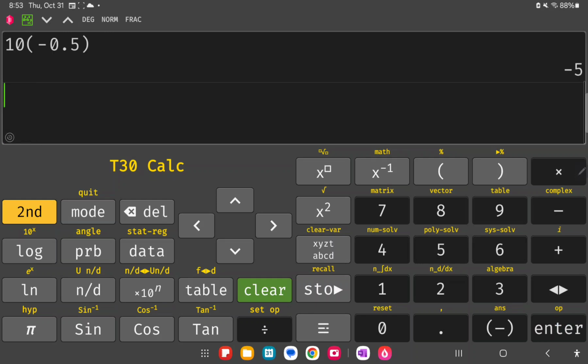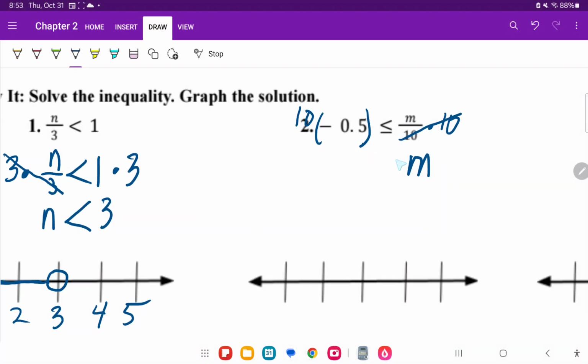And you got negative 5? Good job. Way to go. So we bring down this symbol, and then we get negative 5. Yes, so when I switch it, what do I get? M is greater than or equal to. Great job. Awesome.